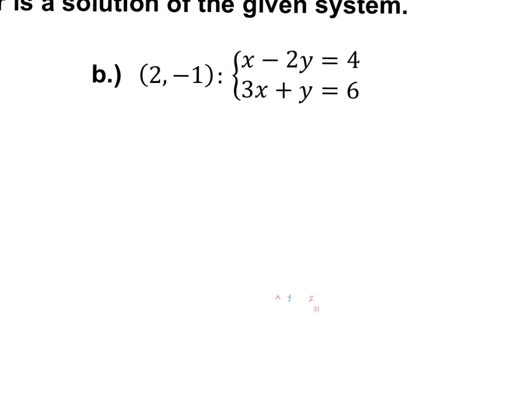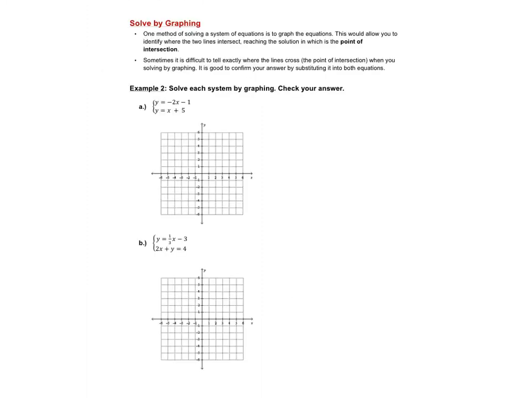I'm going to put the y in as negative 1, and now we're going to calculate. Well, in the first one, this negative 2 times negative 1 is actually a positive 2. So this really reads 2 plus 2, which is 4. So that one's correct. And in the bottom equation, we have 6 plus negative 1, and that cannot equal 6. So that one's a no. And so this whole thing is no, it's not a solution of the system of equations.